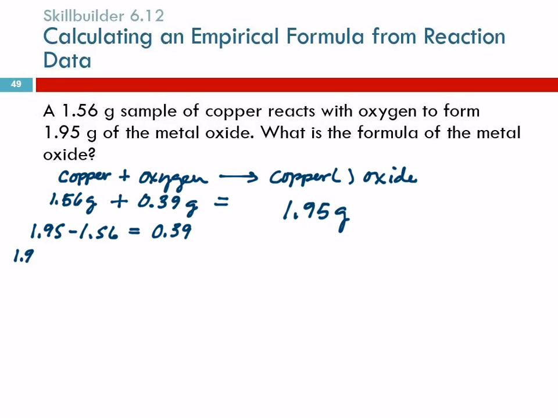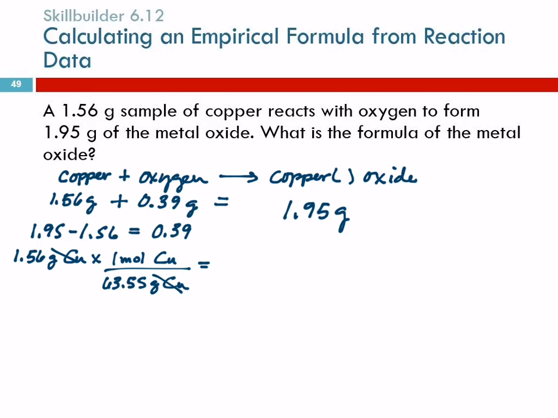The 9.5 doesn't come in at all anymore. 1.56 grams of copper. So we have to convert to moles of copper. 63.55. So grams of copper cancel out. 1.56 divided by 63.55.